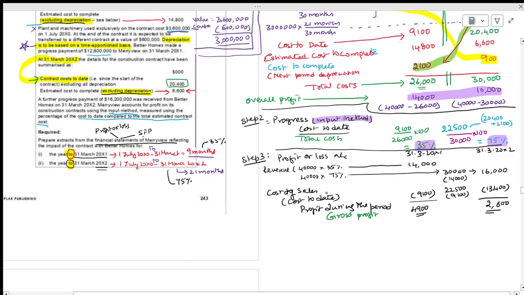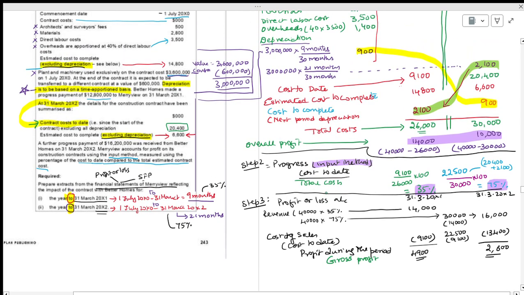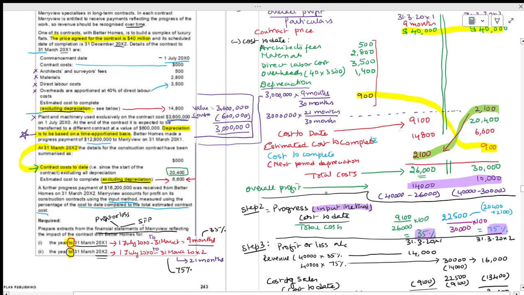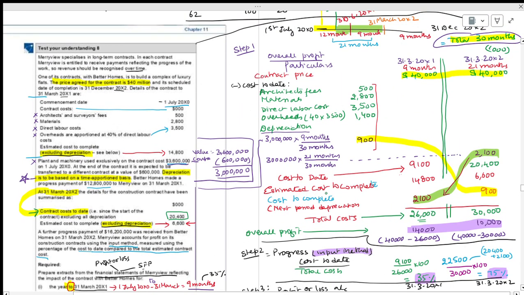I agree with you, it is a little bit difficult, but at least we have the understanding about this. Okay? Next. See, again I will just revise it from the beginning. You have the contract price, you have cost to date.